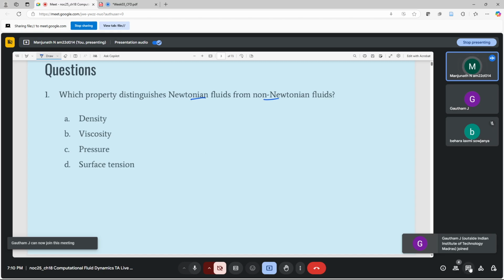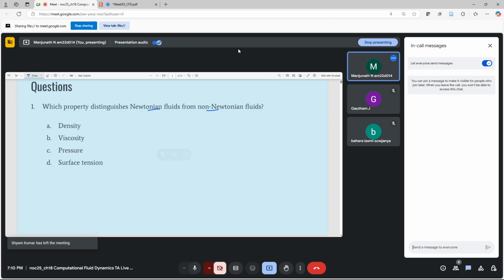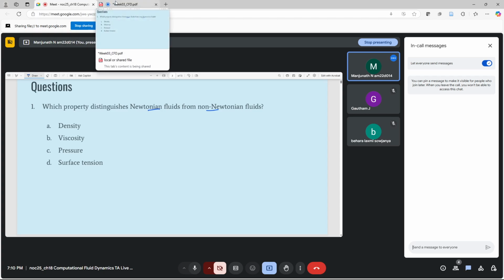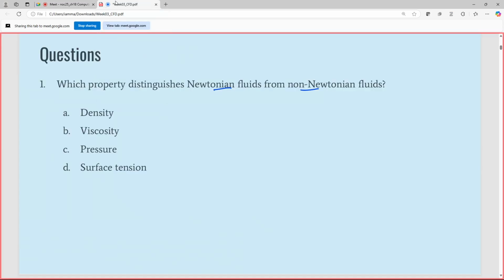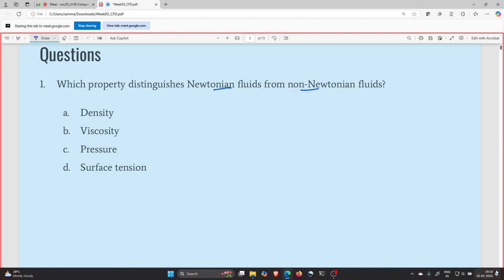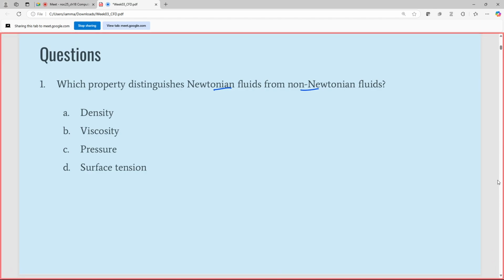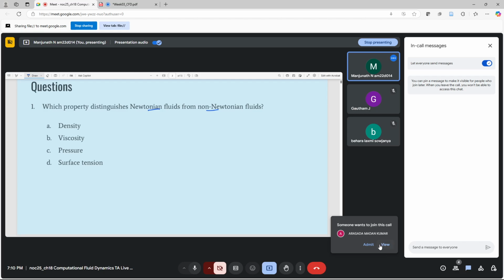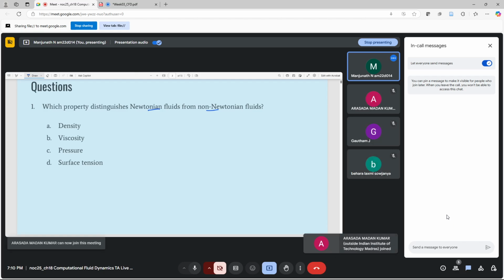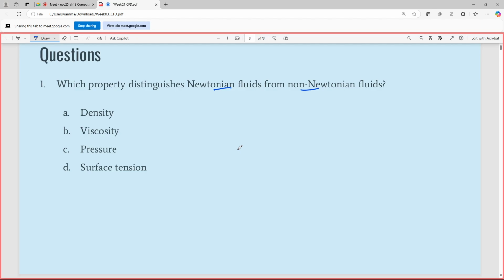You can inbox your answers. Please inbox your answers. A fairly simple question, and do remember, these kinds of simple questions will be there in the exam also.